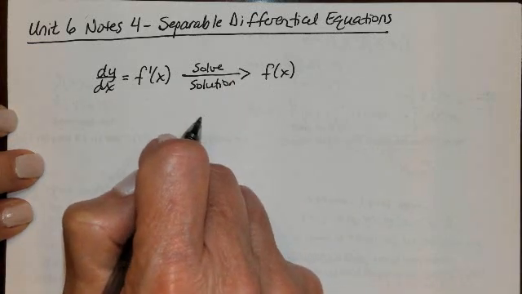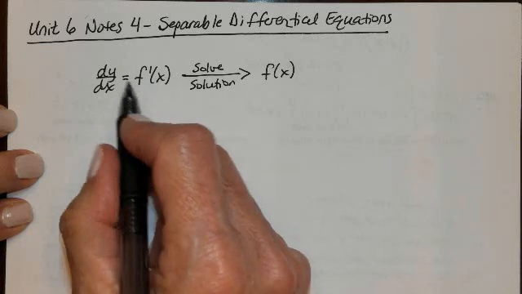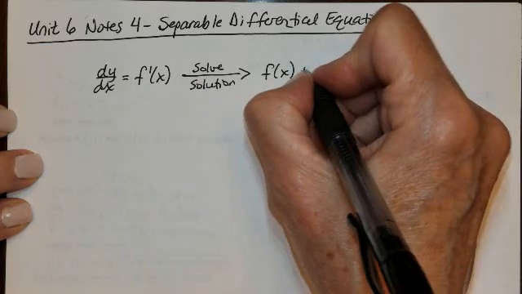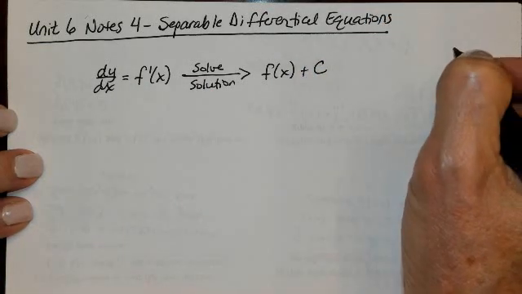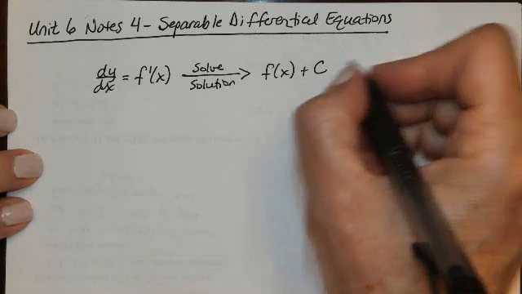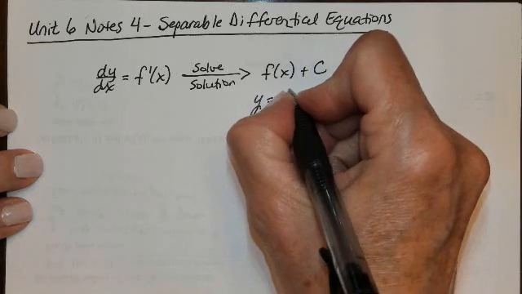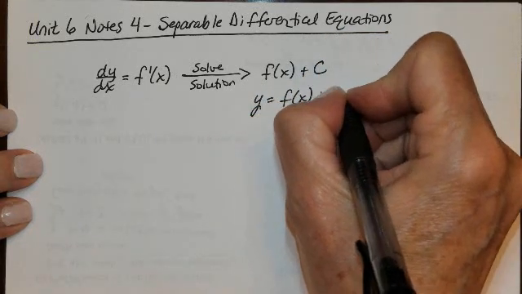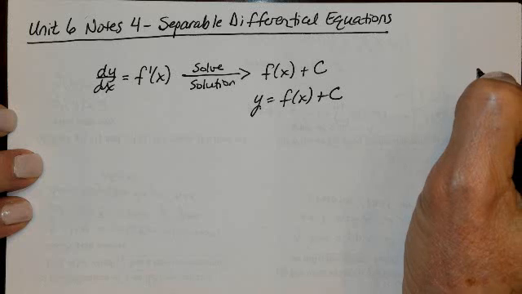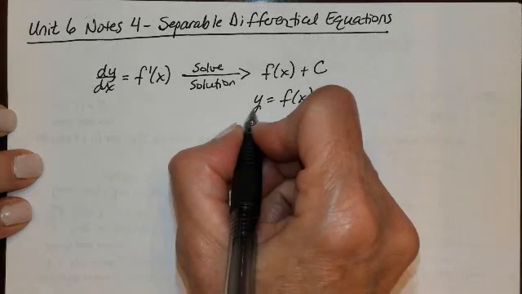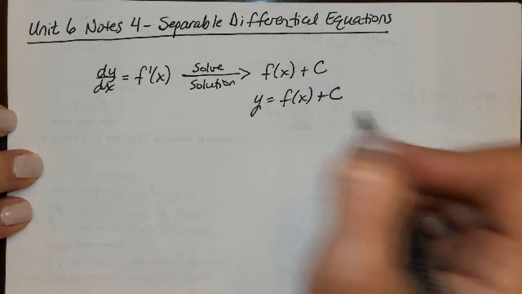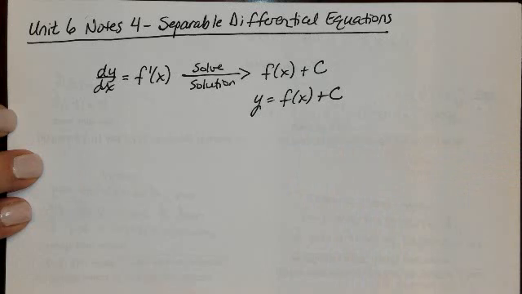And since this is a differential equation, we know that this function can have a constant in it. You're going to be finding an equation that looks like that. So you're finding the function, the y or the f of x or whatever.